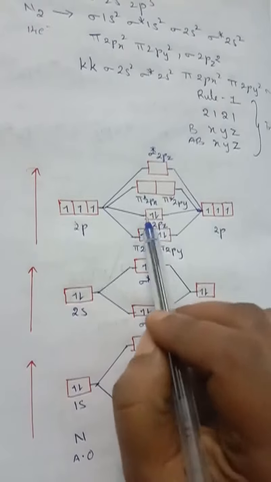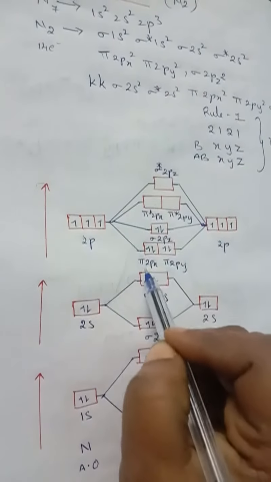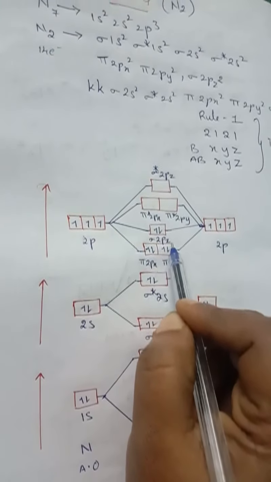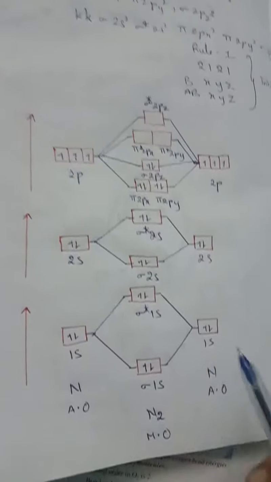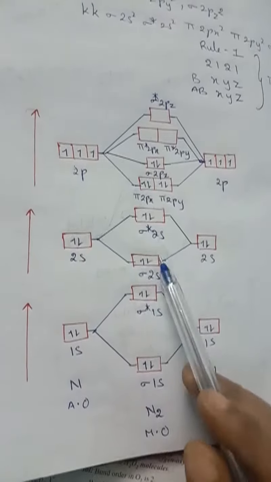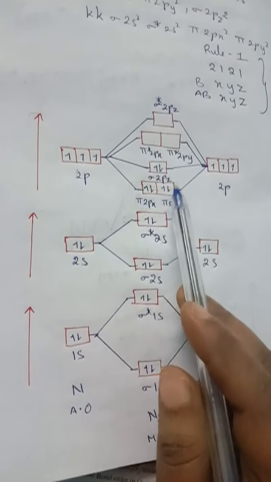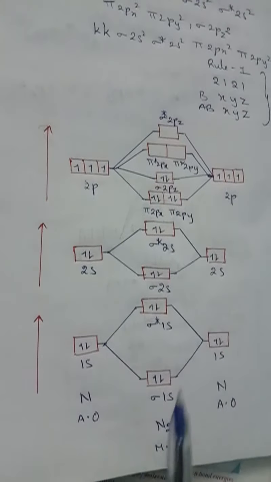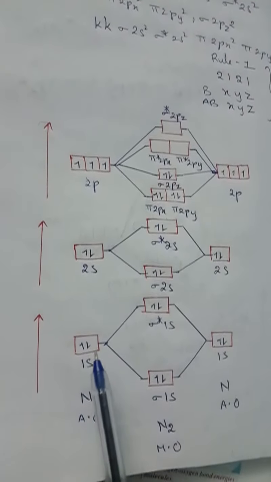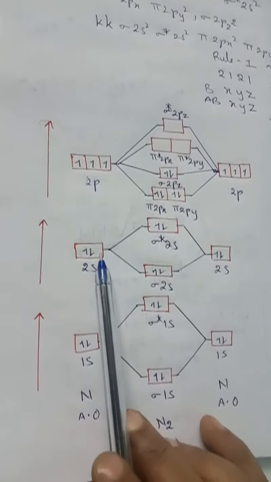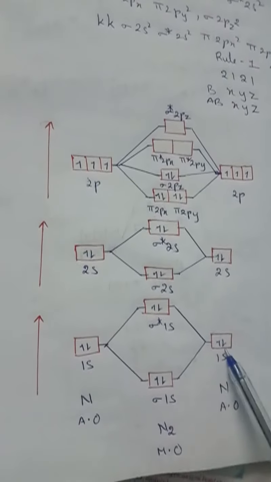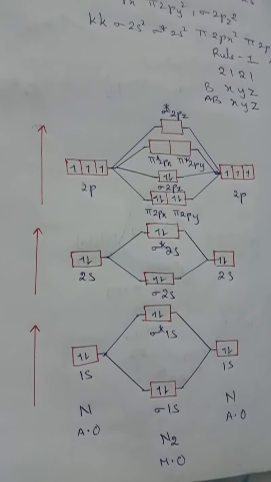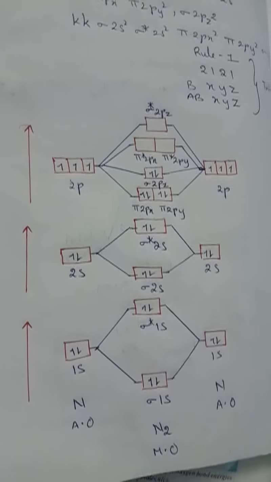A total of 6 electrons are present in pi 2px, pi 2py, sigma 2pz. Count how many electrons are present: 1 2 3 4 5 6 7 8 9 10 11 12 13 14. So 14 electrons are present in the molecular orbitals and in the atomic orbitals also. Here 2 2, how much? 4, 2 2 4, 8, 8 plus 6 is 14. I think we have balanced everything.